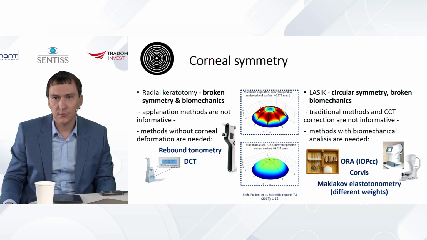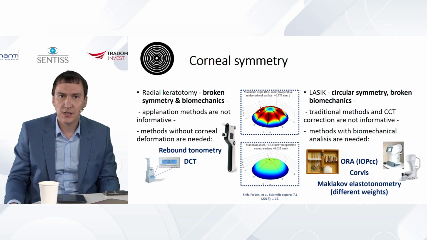So in this context, in order to systematize this challenge, I have to speak about the key role of corneal symmetry. The point here is that in patients without any interventions, normally the cornea has circular symmetry.